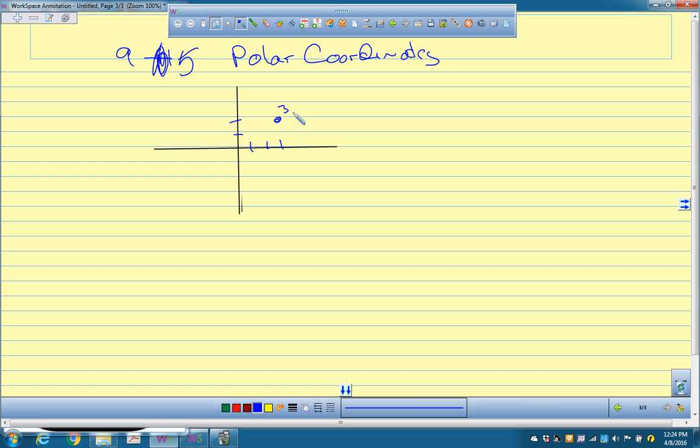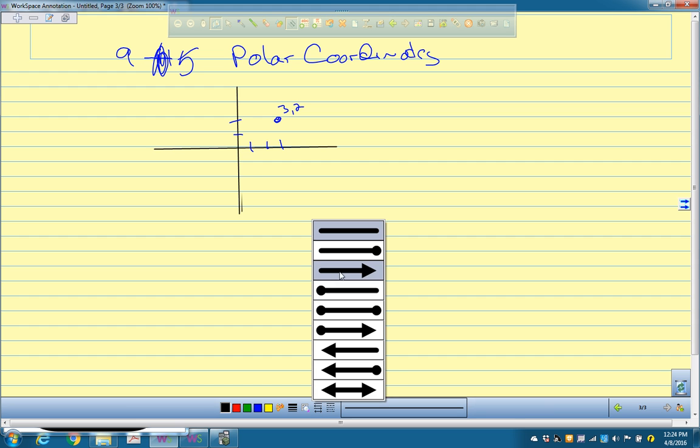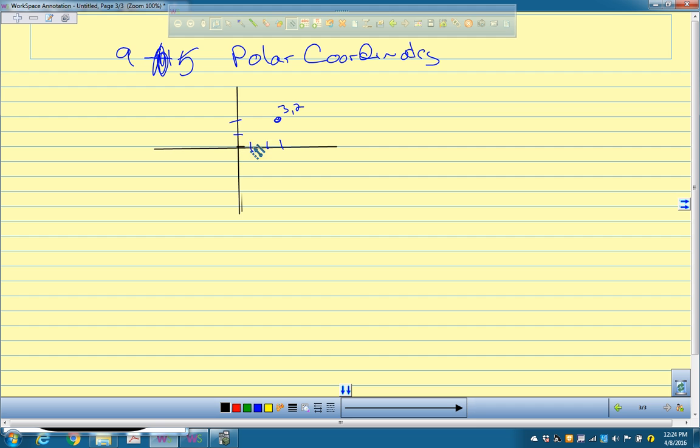So if this is the point (3, 2), another way that I could get to this point is by going over some amount and then rotating through some angle. And that's what a polar coordinate is. I go out some amount and I rotate through some angle.